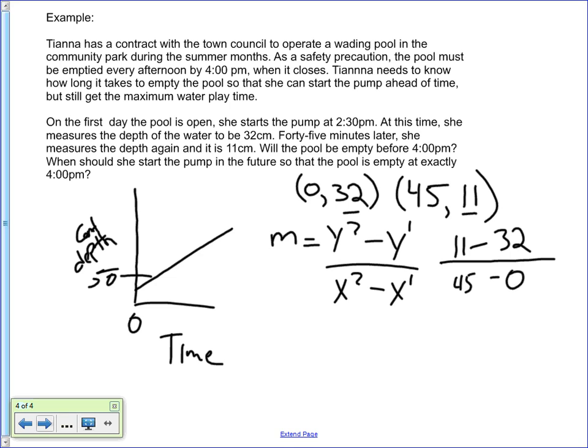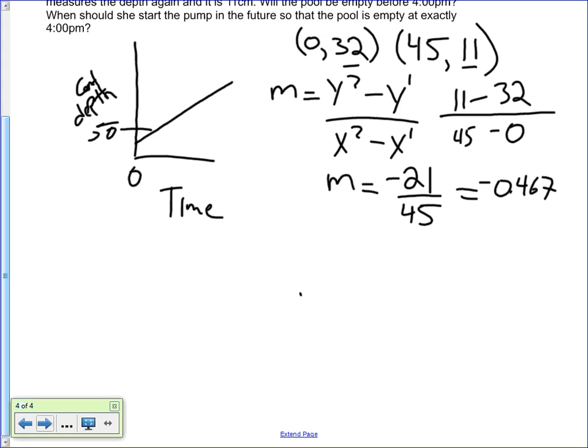Remember, the water is decreasing, so I will have a negative slope: negative 21 over 45, and calculating that as a decimal, I get negative 0.467.